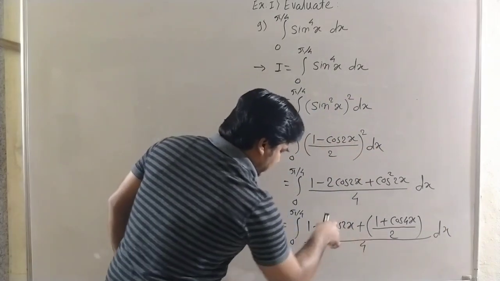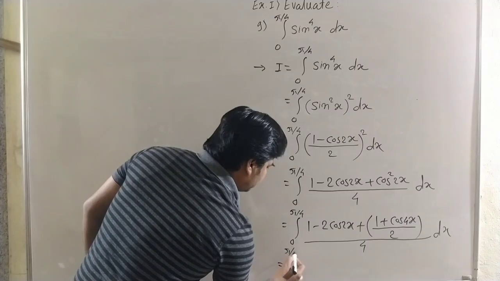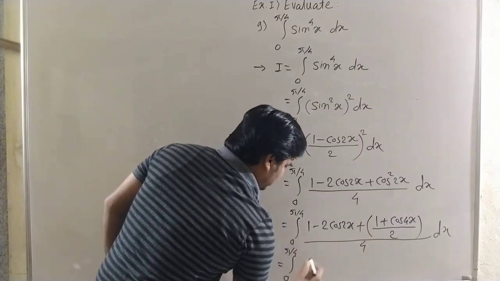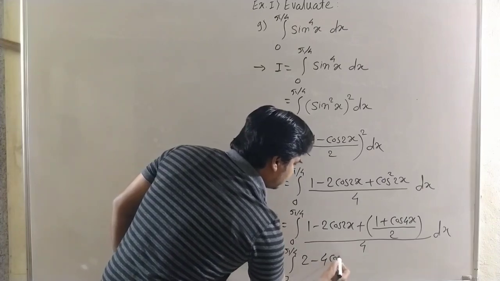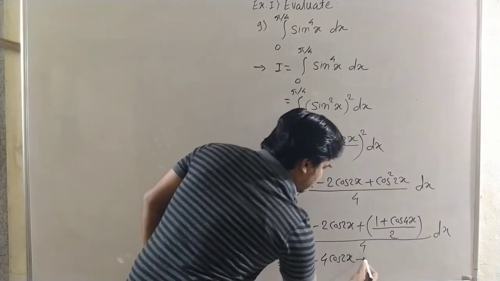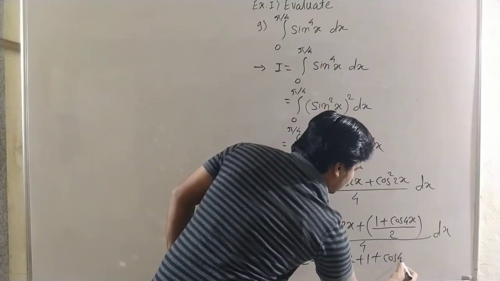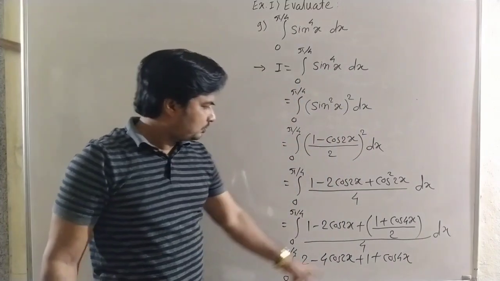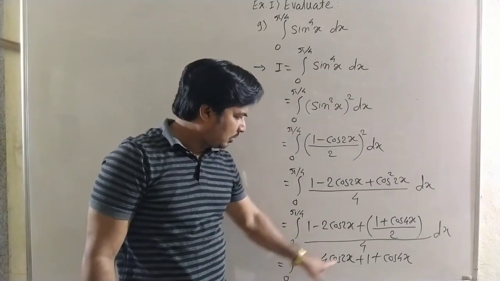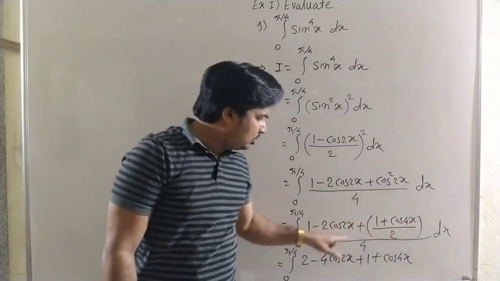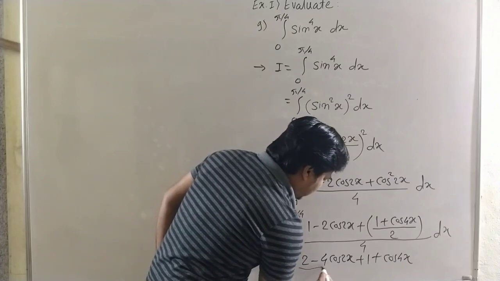Now we can take the addition of these terms. The integral from 0 to pi by 4, here 2 into this 1 is 2, minus 4 cos 2x plus 1 plus cos 4x. See carefully this. This 2 we multiply with both terms, therefore it is 2 and it is 4. This is as it is, and whole upon 2 and upon 4. So we can write directly upon 8.